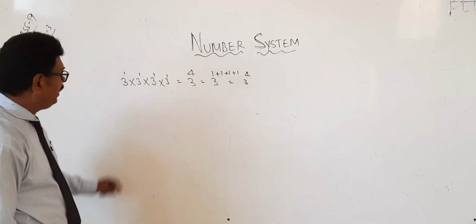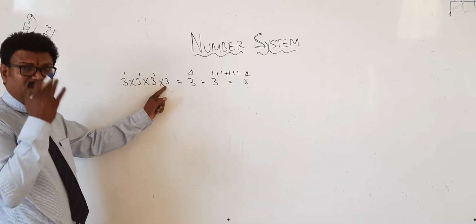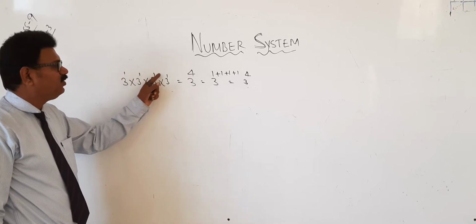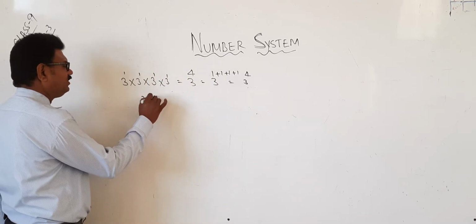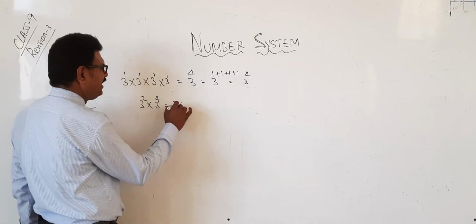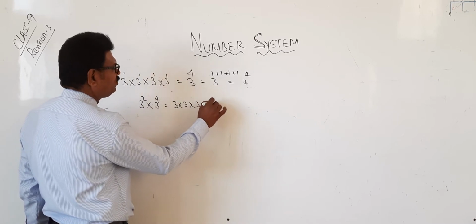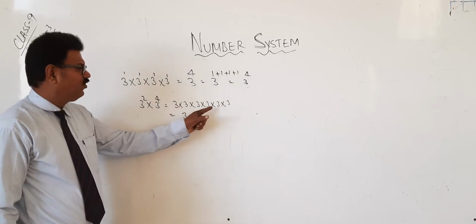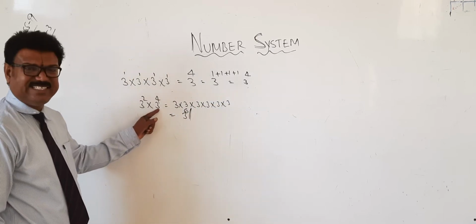That means if the bases are the same, in case of multiplication, we can add the powers. For example, 3 square into 3 to the power of 4. 3 square means 3 two times, and 4 means 4 times. Now this can be written as 6 times, therefore 3 to the power of 6.